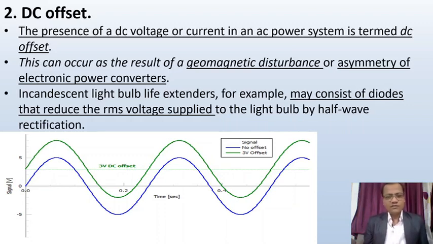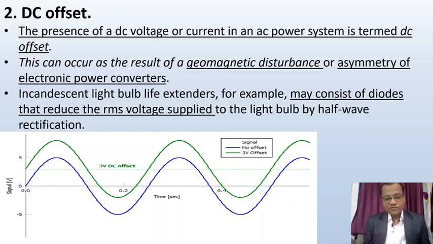The reason behind it is that it occurs due to geometric disturbances caused by electronic power converters. Because in the case of power converters, the grounding voltage of various equipment is different, and it is possible that direct current is mixed with the AC power system.